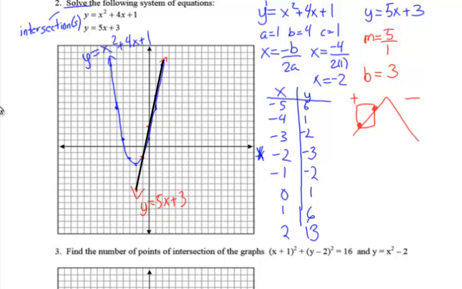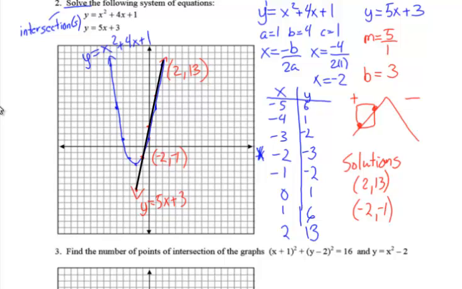So we had the point 2, 13, and we have the point here, which is -2, -1. And those are going to be our solutions. So in this case, we need both of them. Okay. So it's going to be the point (2, 13). Make sure we've got parentheses, and the point (-2, -1).